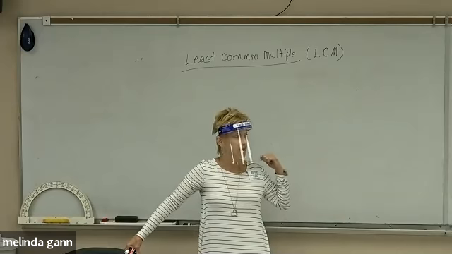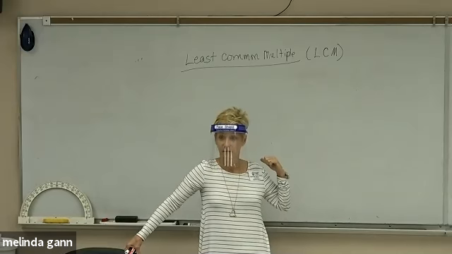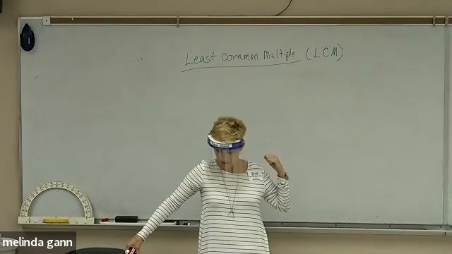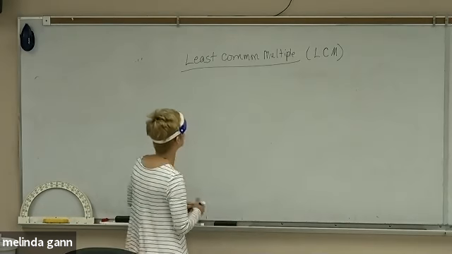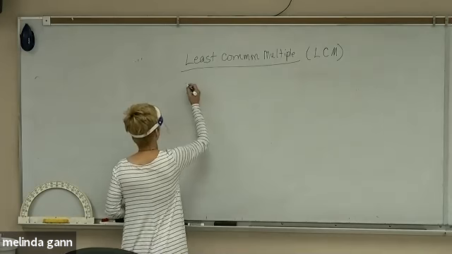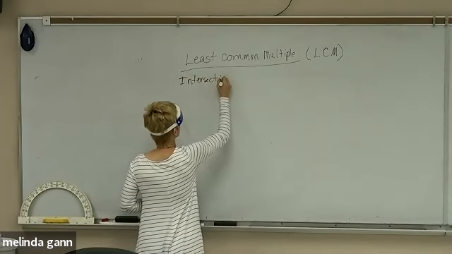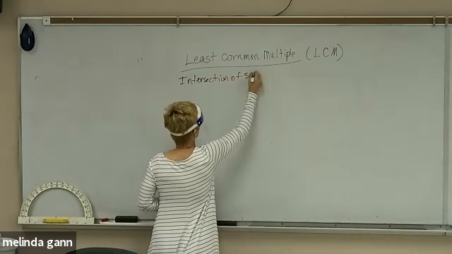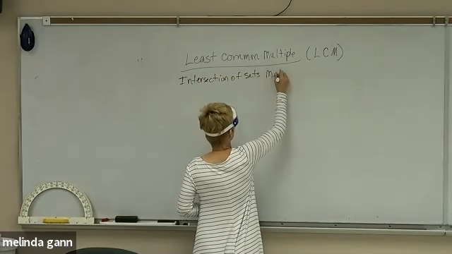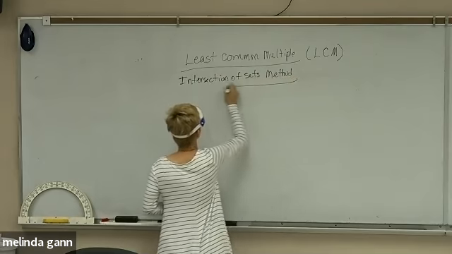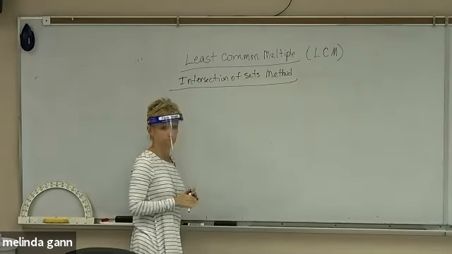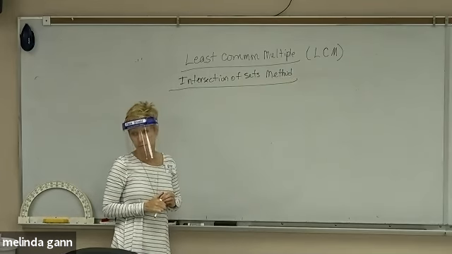So what do you think the first method is going to be? They're going to do sets, that's right. So again, it's going to be the intersection of sets method.